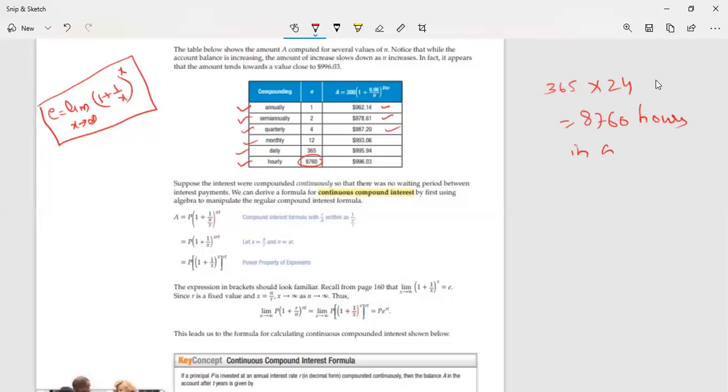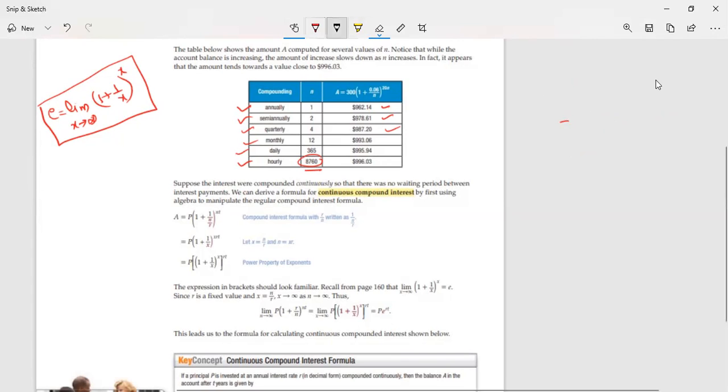So if it is yearly, we will take 8,760. That you have to remember when the question will be asked. Okay, so we are going towards another thing that is called continuous compound interest.